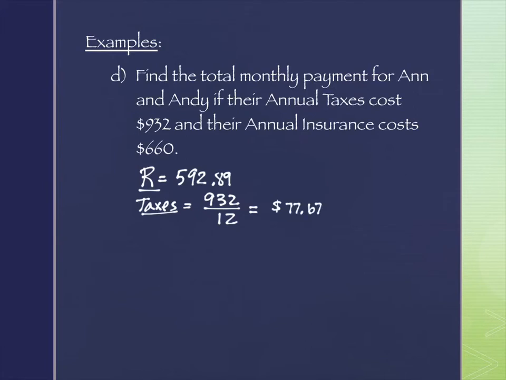How about the insurance? Okay, and how'd you get 55? Yep, same thing. So the 660 divided by 12, and that's 55. So how would I find out their total payment?